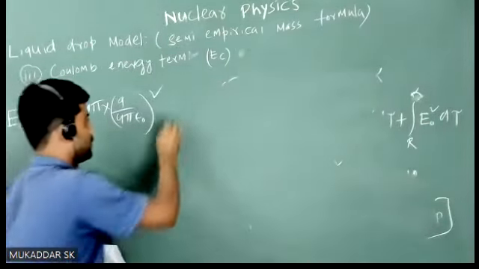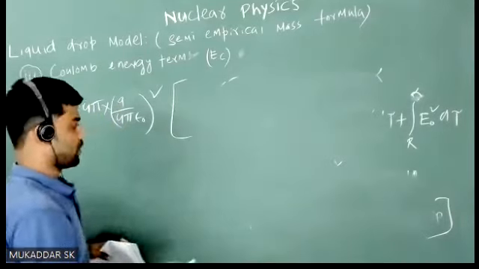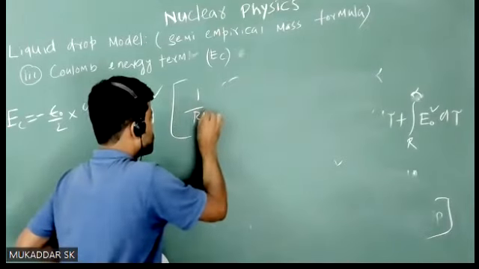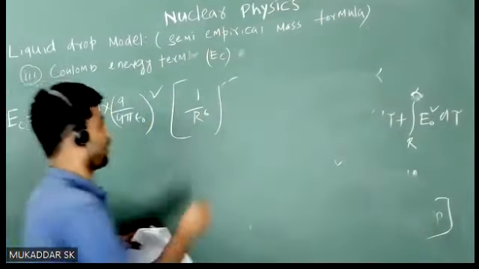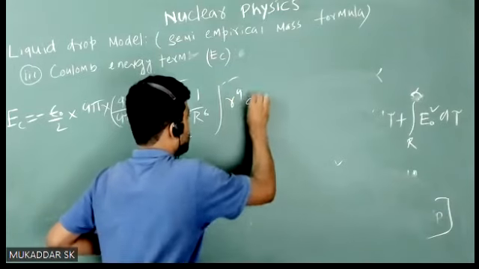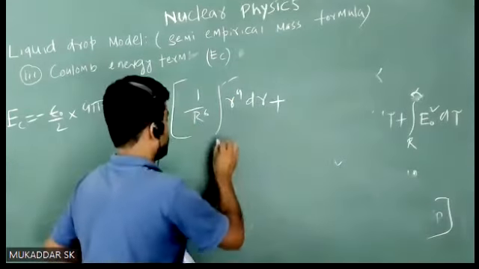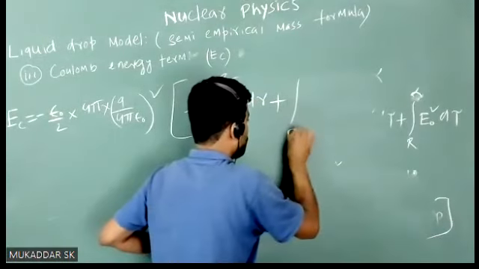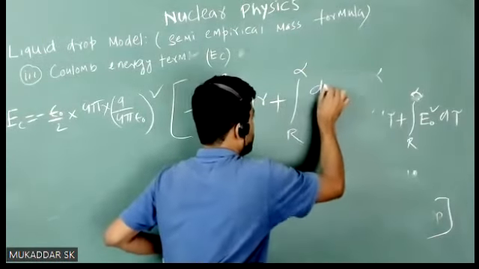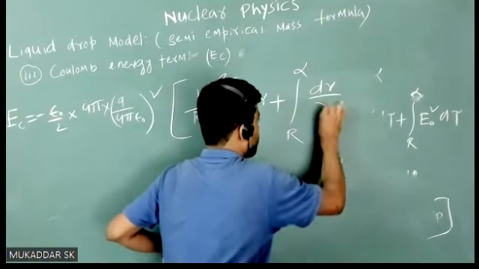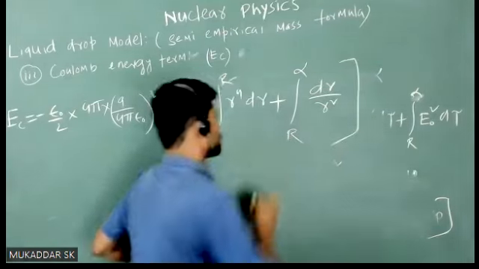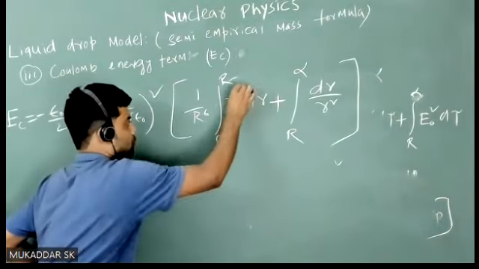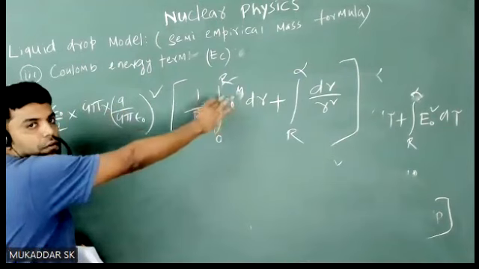Then inside that bracket you will have what factor? 1 by r cube. If you take whole square of this, it will be 1 by r to the power 6. Then you will have r to the power 4 dr, and that limit is from 0 to R. Then second will be R to infinity dr by r square. This power is 4, so after integration it will be r to the power 5 by 5.